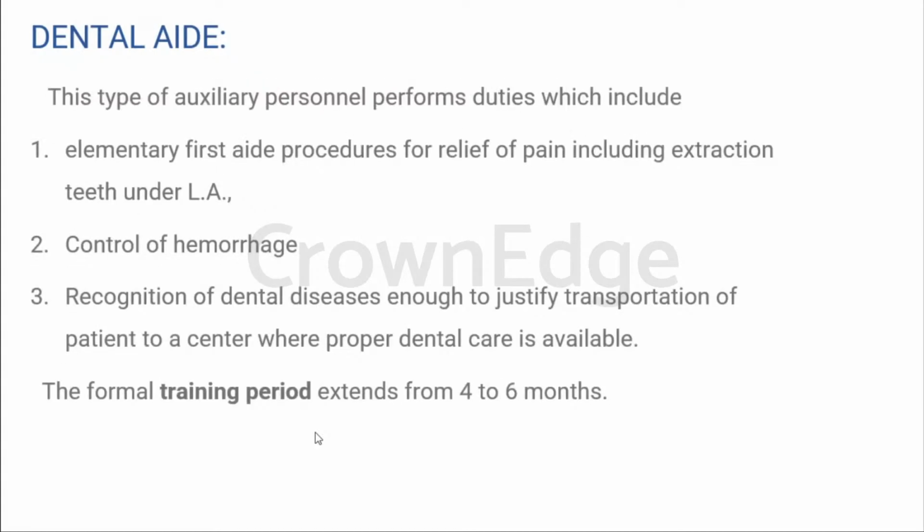Okay, so who's a dental aid? A dental aid is that auxiliary who performs various other duties that include first aid procedures for pain relief, control of hemorrhage, and recognition of dental diseases enough to justify transportation of the patient to a center where proper dental care is available. Dental aid's formal training period extends from 4 to 6 months.